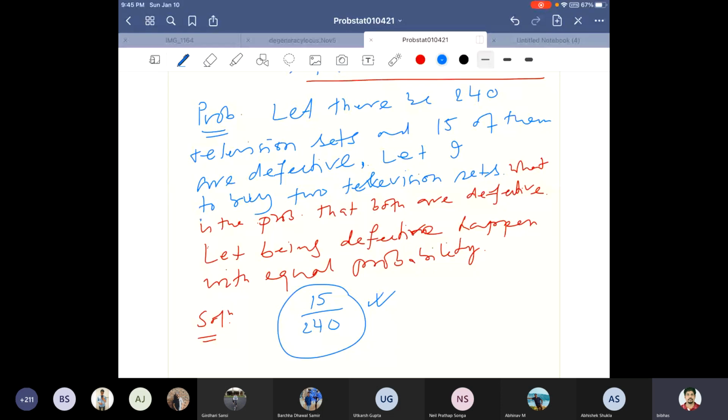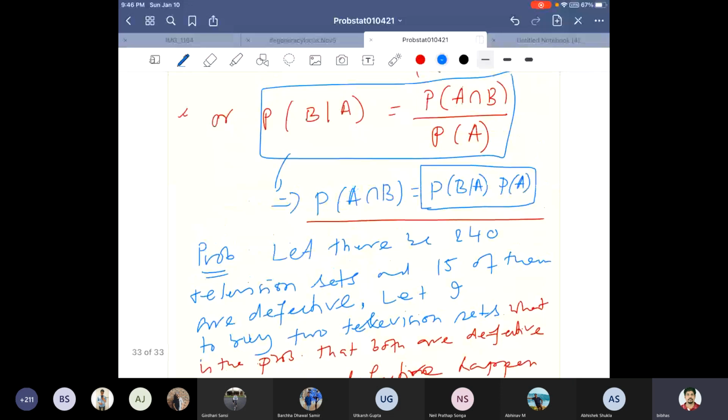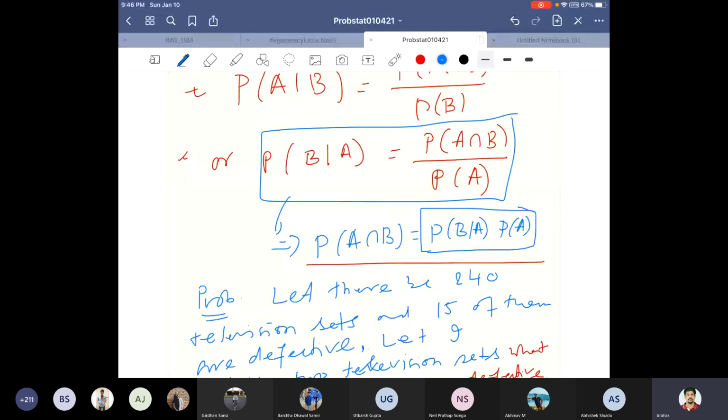But now, once you bought that one, then there are 14 defective, and there are 239 television sets. So what is the probability? If this event has already occurred, A has occurred, I am asking about the probability of A intersection B. Once you know that A has occurred, what is the probability that B is occurring?